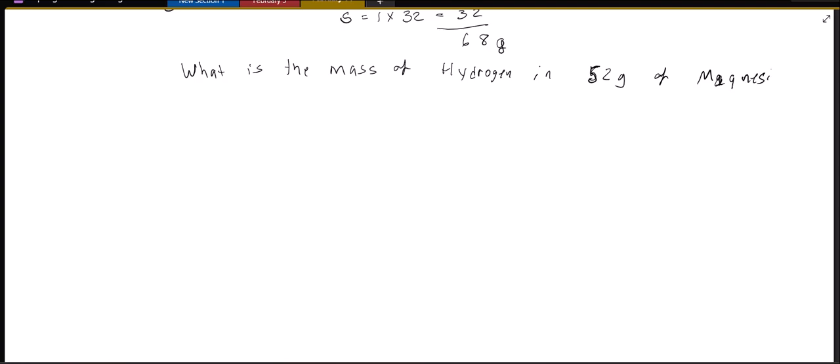Let's practice writing that. Magnesium hydroxide.